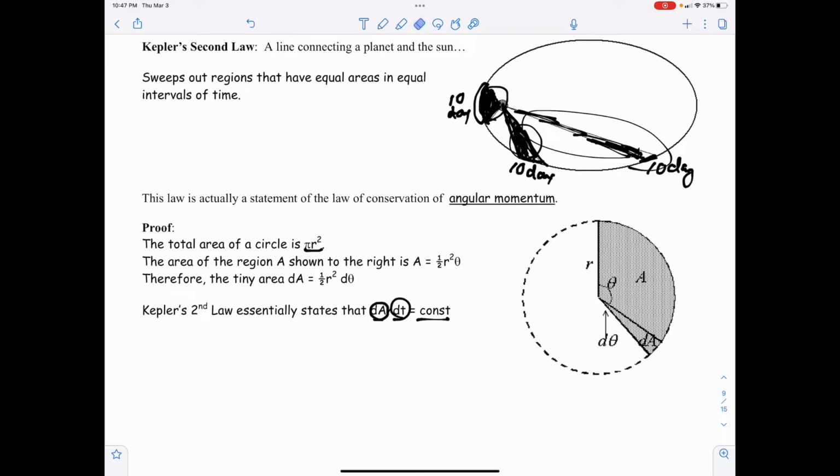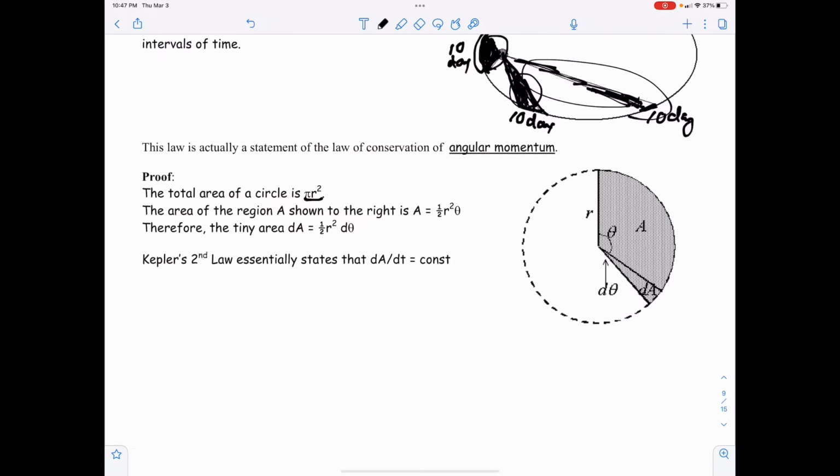Well, let's prove this. Let's start by taking our statement here, which is this. If dA/dt is constant, then 1/2 r squared d theta/dt is constant.